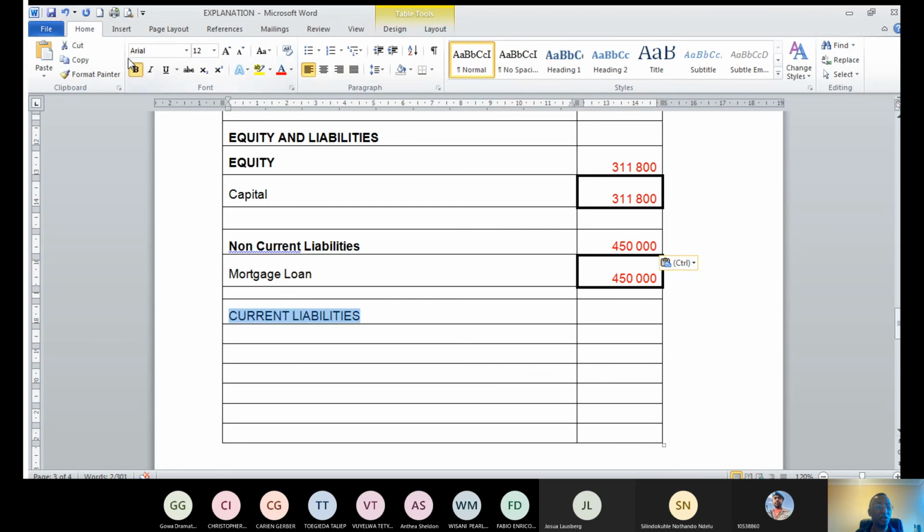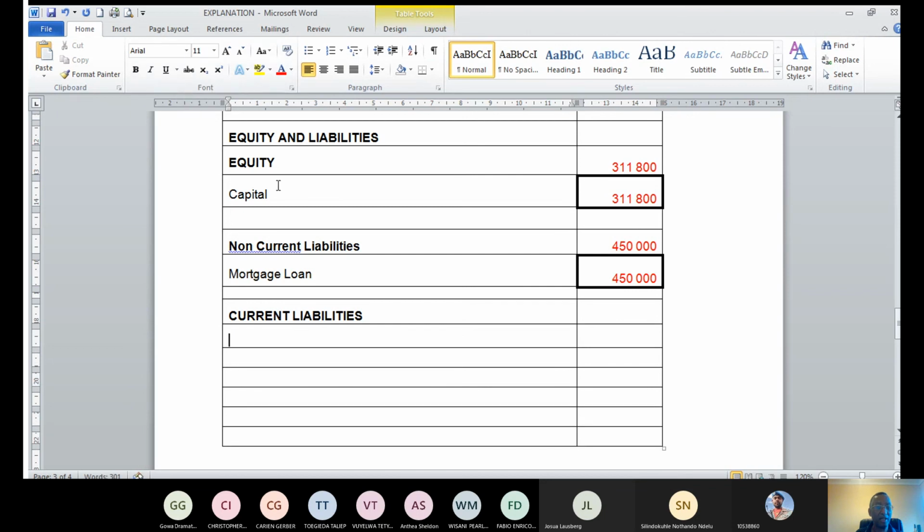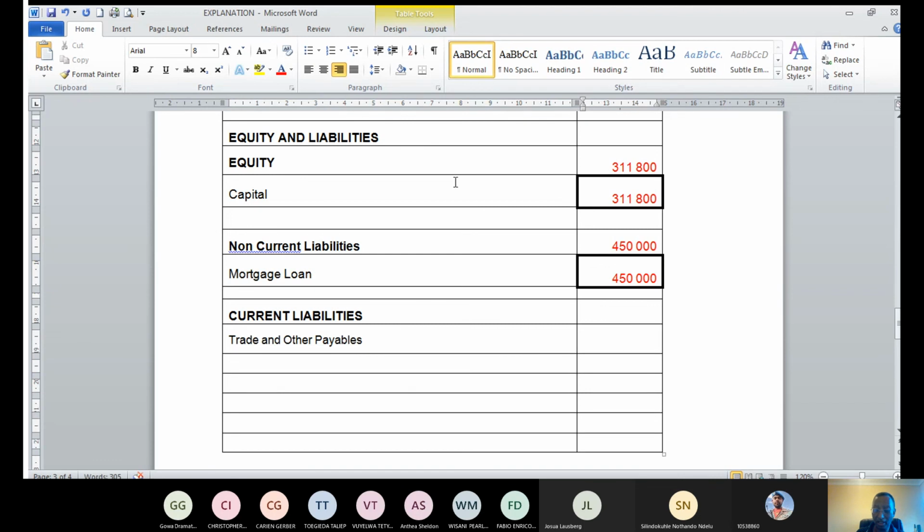Your next heading is your current liabilities. In this activity, under your current liabilities, your current liabilities will consist of trade and other payables. And your trade and other payables will consist of your trade payables control.